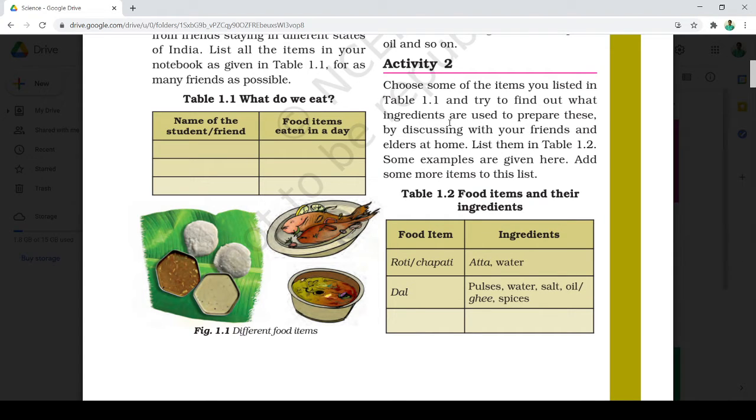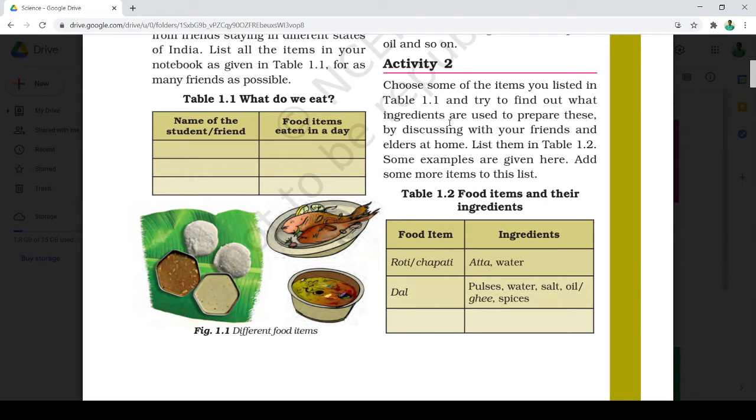So here, choose some of the items you listed in table 1.1, from the column food items eaten in a day, and then try to find out what ingredients are used to prepare these by discussing with your friends from whom you got the data and elders at home.